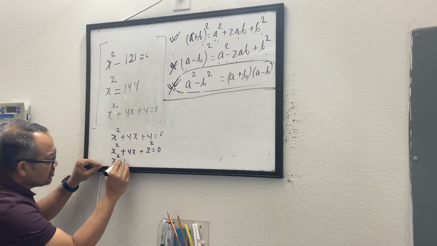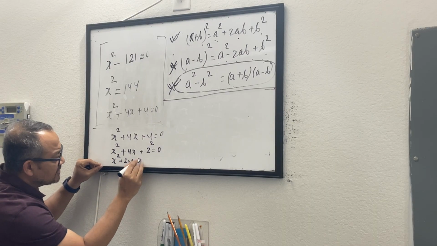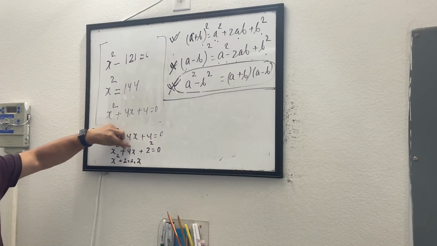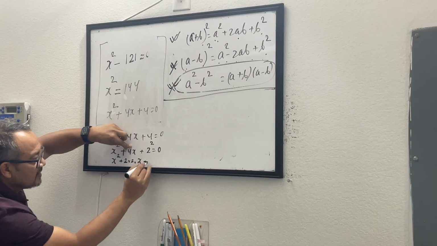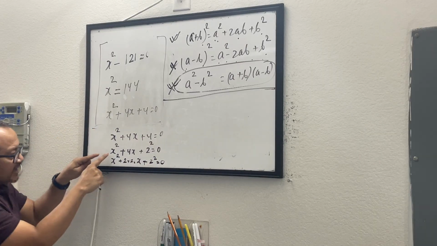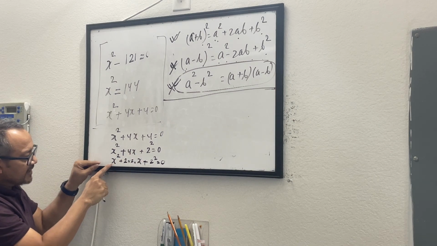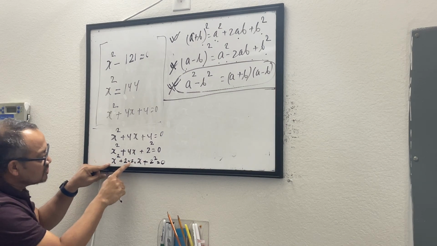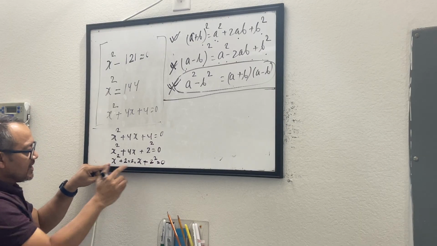If I take 2 out from this, it will become 2 into 2 into x. 4x, 4 I can write as 2 into 2. So what you are seeing here is x square plus 4x plus 2 square. I can write this as x square plus 2 times 2 times x plus 2 square.